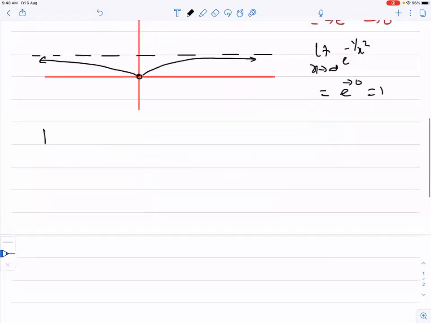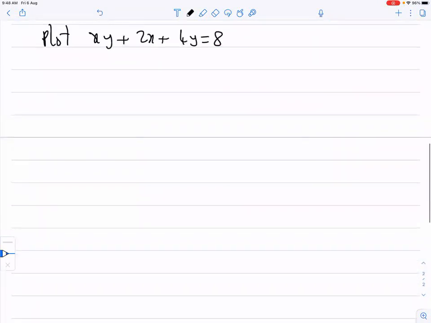Plot this graph: xy plus 2x plus 4y equal to 8. From the first two terms, x is common, leaving y plus 2.